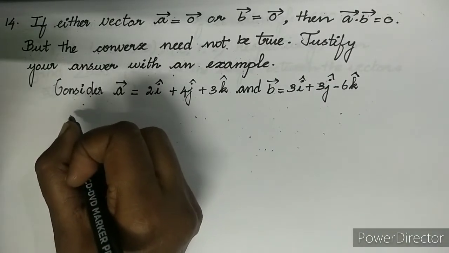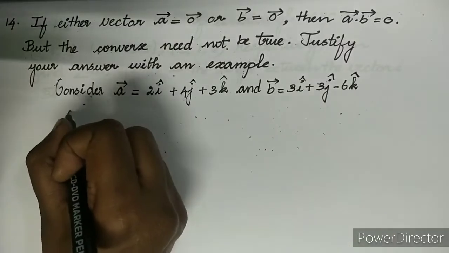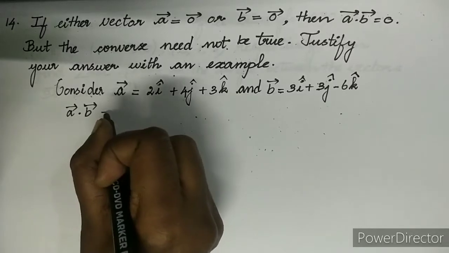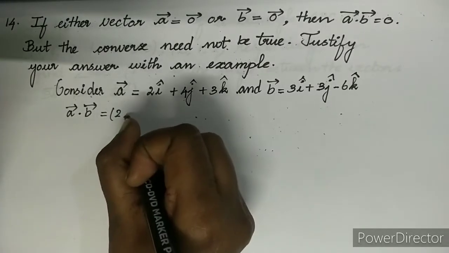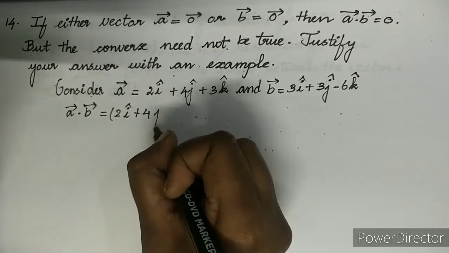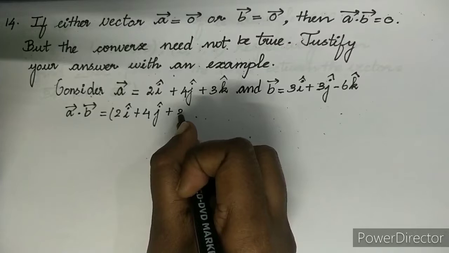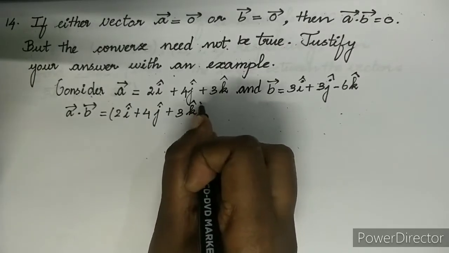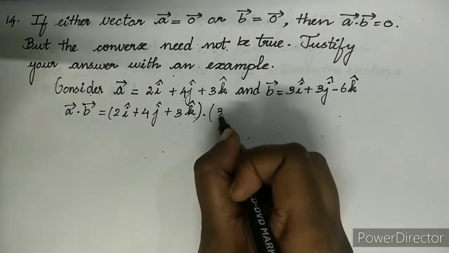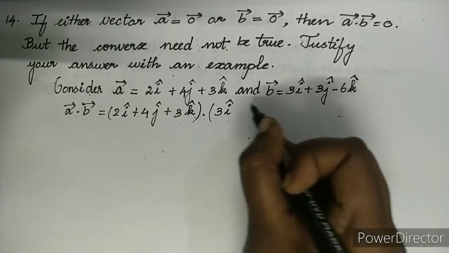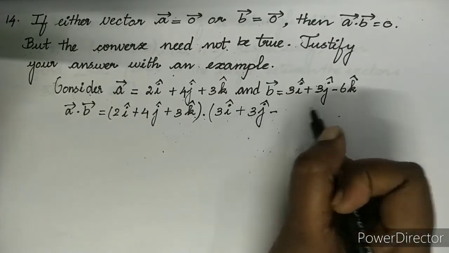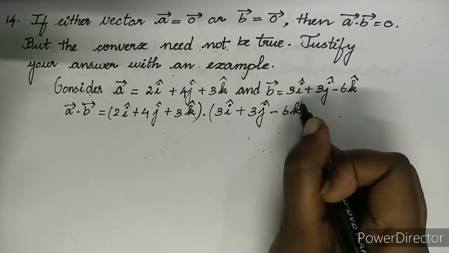Now we are going to find the dot product of these two vectors, that is A dot B, which is equal to 2i cap plus 4j cap plus 3k cap dot our B vector, 3i cap plus 3j cap minus 6k cap.